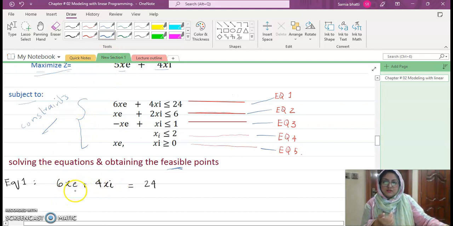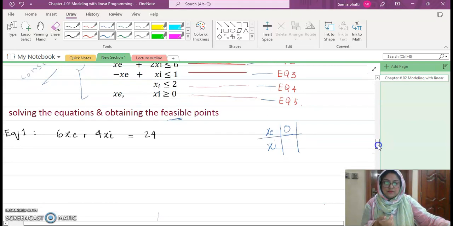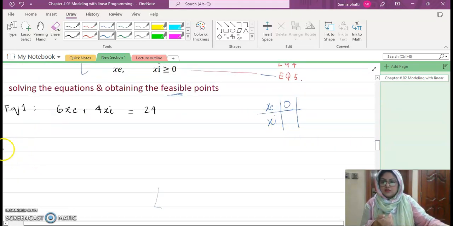Now we don't have the values of xe or xi to put. So what we will do is assume, in the first place, xe equals 0, and we will obtain the value of xi. So let's see how we can do it. If we start solving the problem and put the value of xe as 0, we get 0 plus 4xi equals 24.